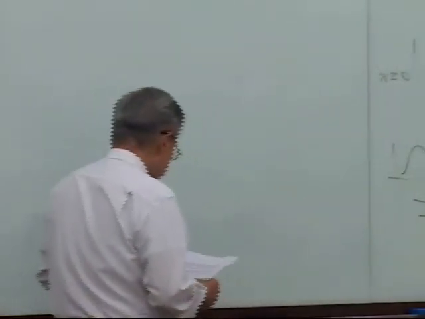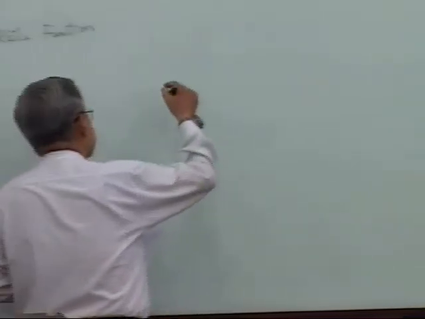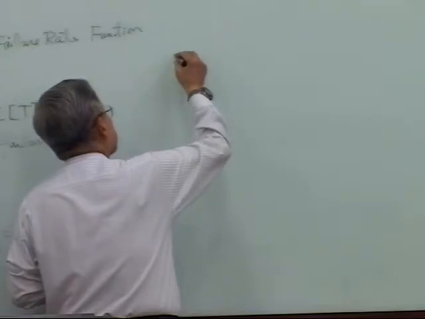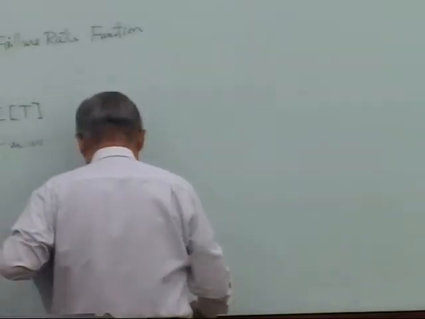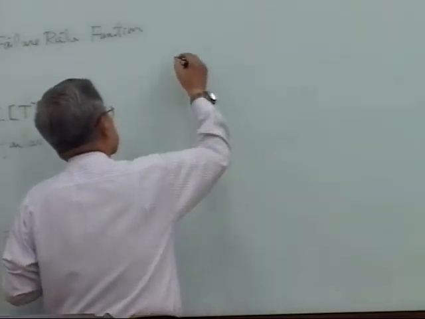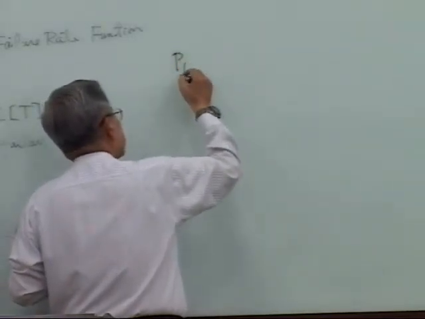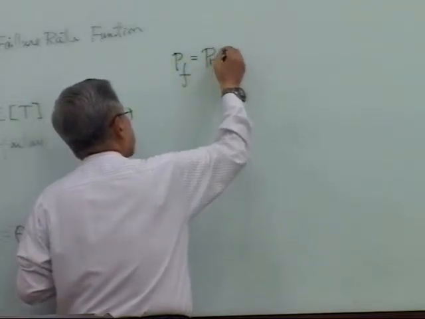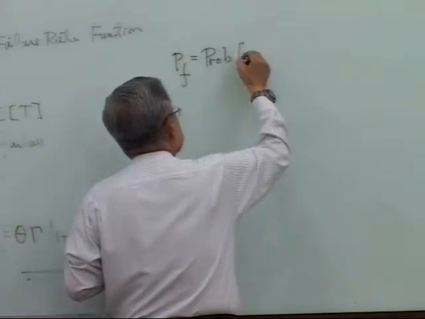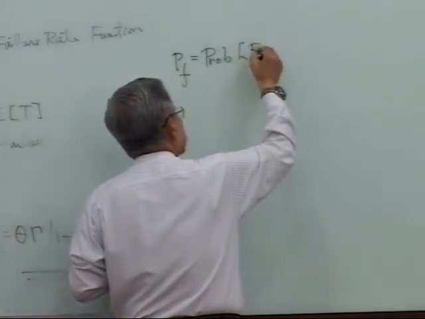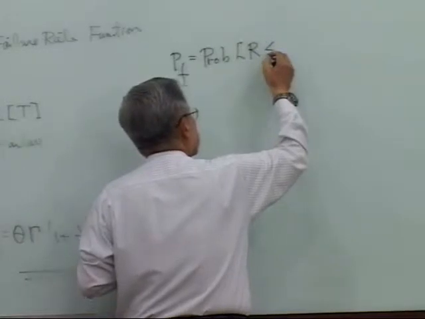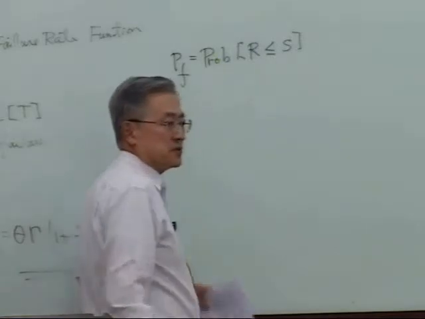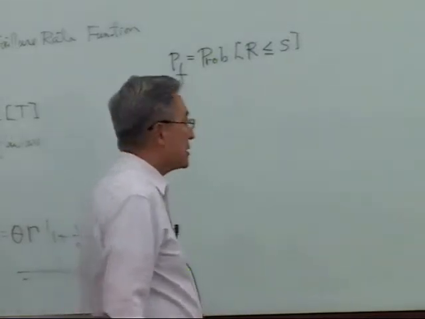I started with the probability of failure, which is the probability such that resistance R is less than or equal to S. S is a loading. Sometimes I use P, but it's the same thing.